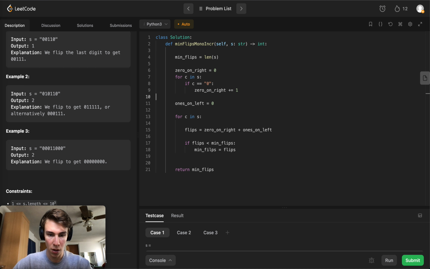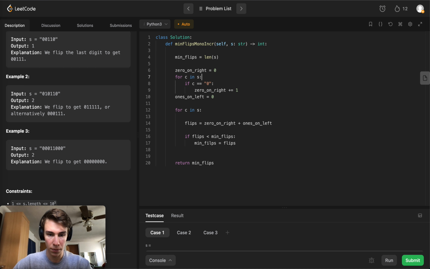Let's move this here, initialize. So now we have zeros on the right initialized as if we're looking before the 0th character, and ones on the left is 0 because there is nothing on the left. Okay.